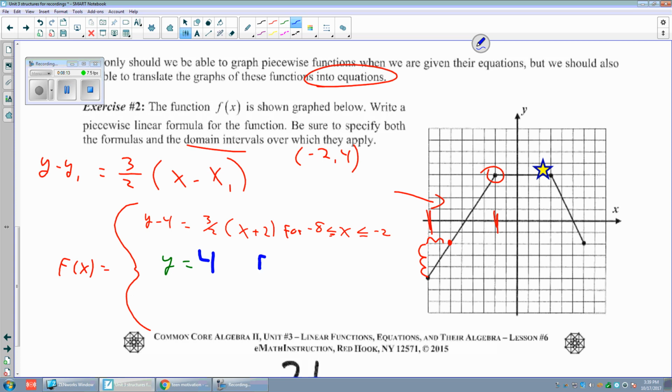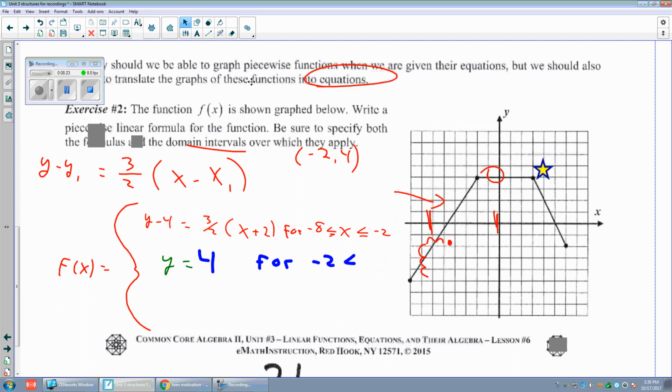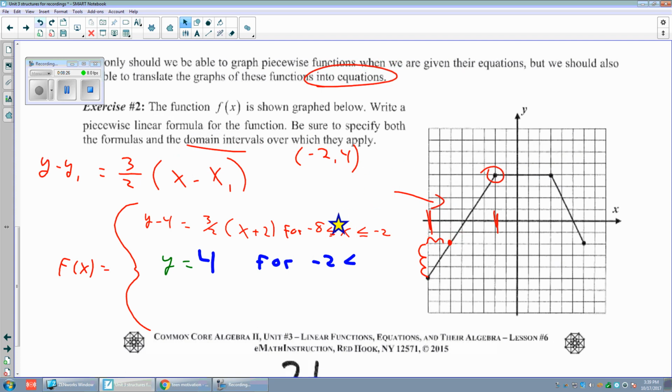Now -2 is just less than, because that one already had the equal to sign with it, so you can't put the equal to there. X is 1, 2, 3, less than or equal to 3. So now I might as well just do 3 is less than x, 1, 2, 3 more. So that's less than or equal to 6.